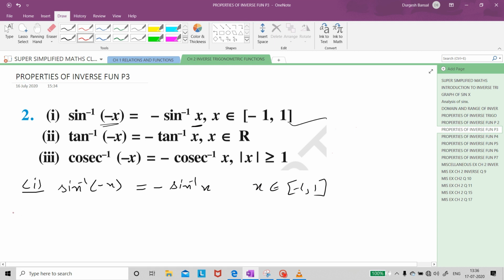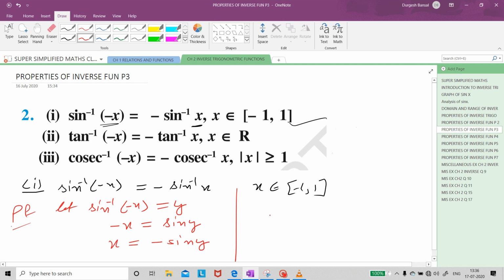For writing its proof, let us take LHS sine inverse of minus x to be y. Then minus x will be equal to sine y. So x can be written as minus sine y. And hence x can also be written as sine of minus y.